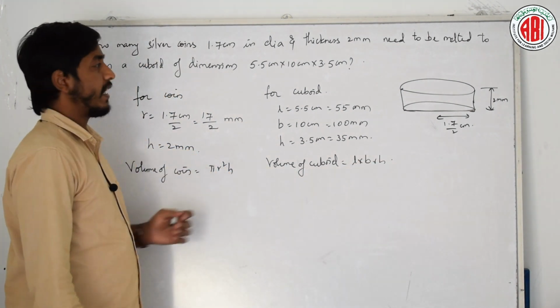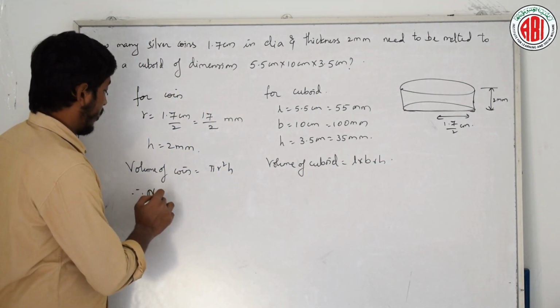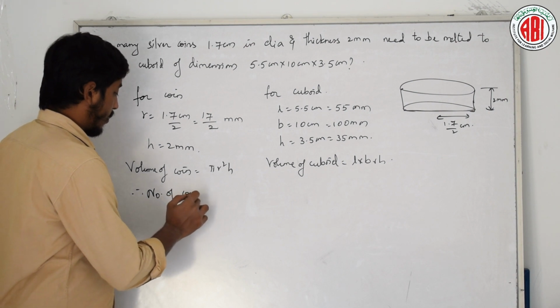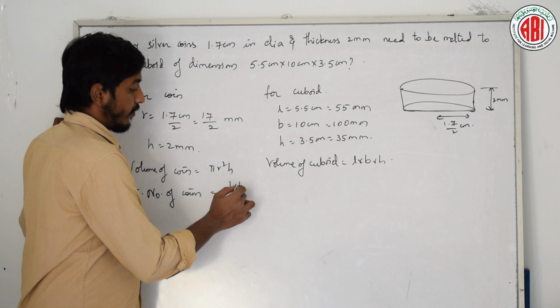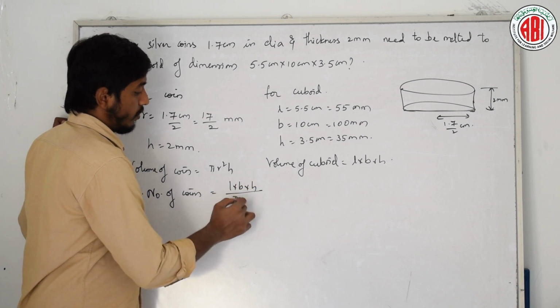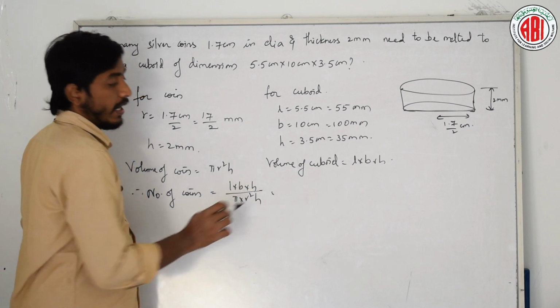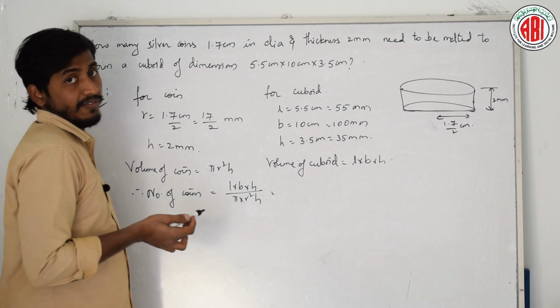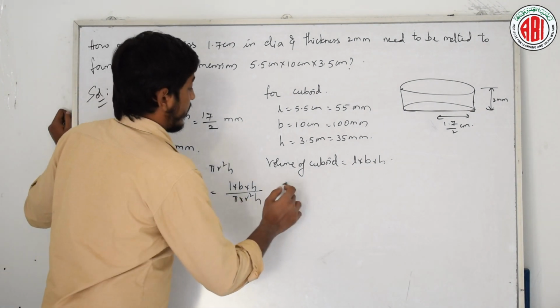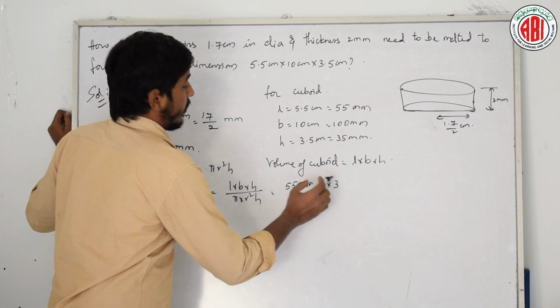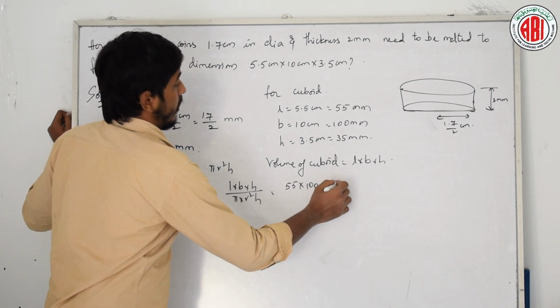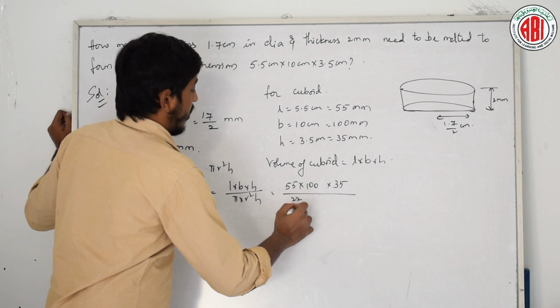Therefore, the number of coins required to form the cuboid is the volume of the cuboid divided by the volume of a single coin.